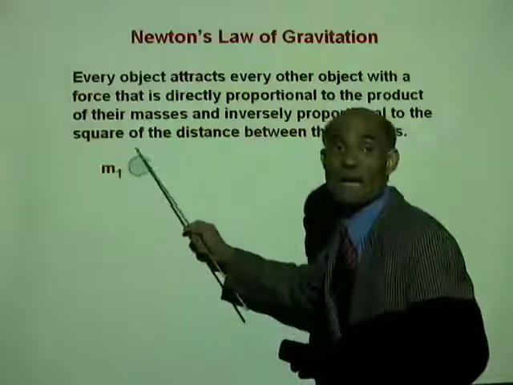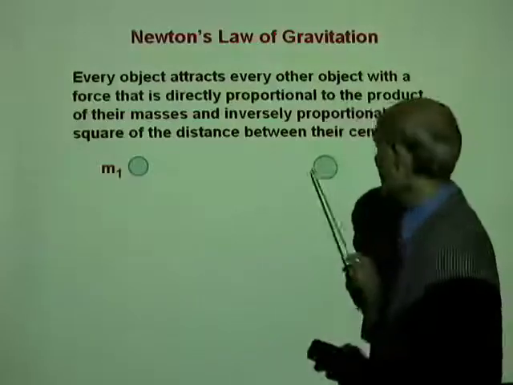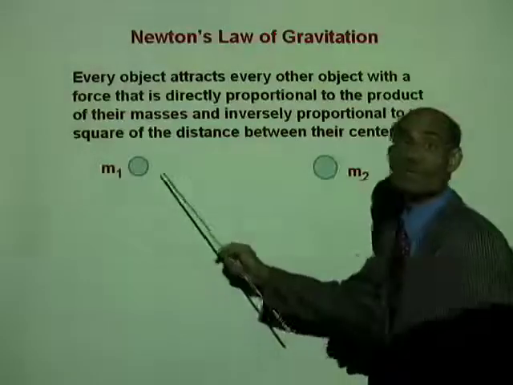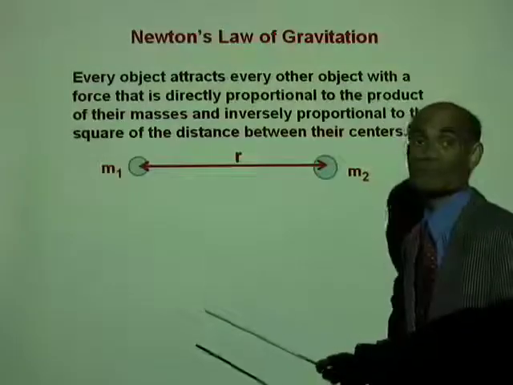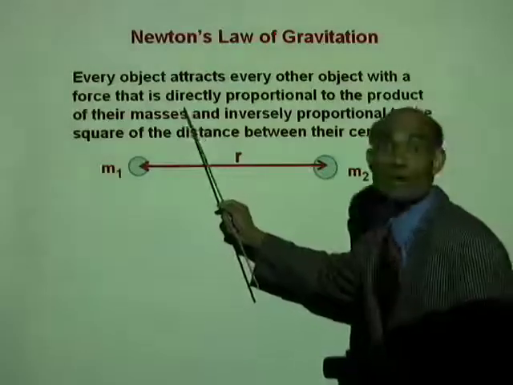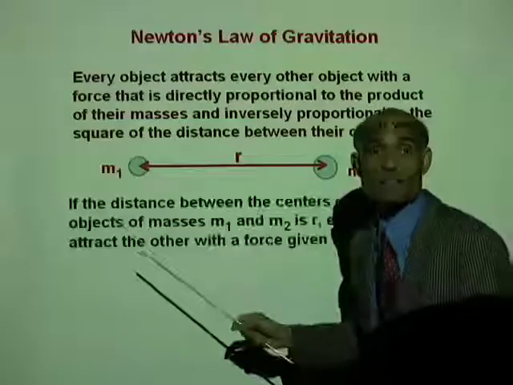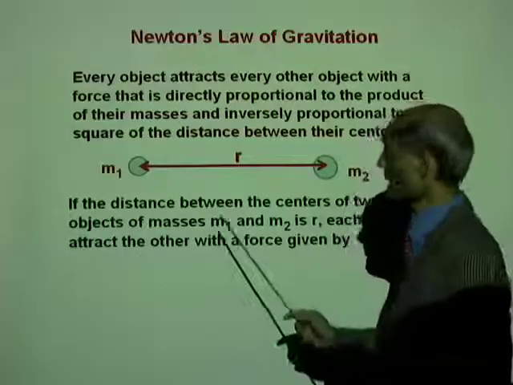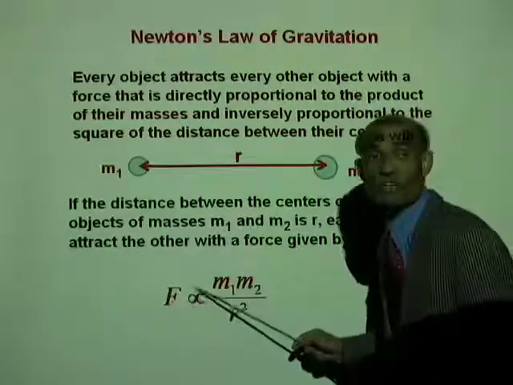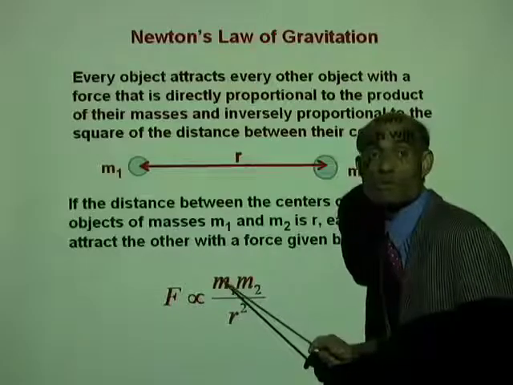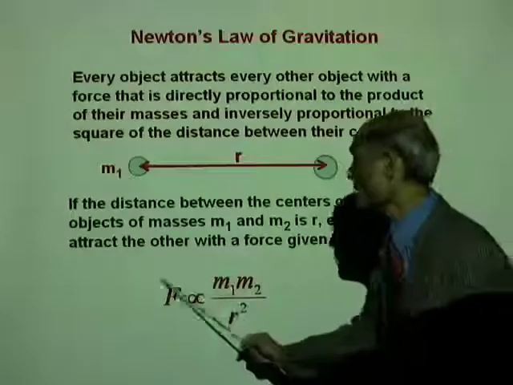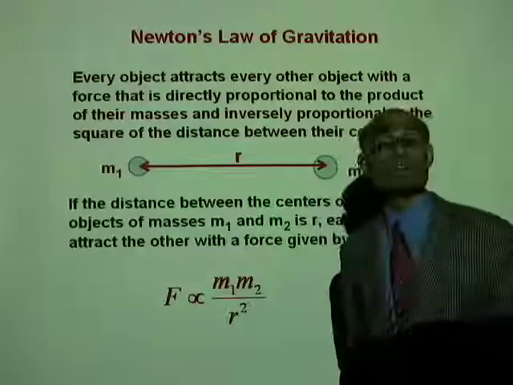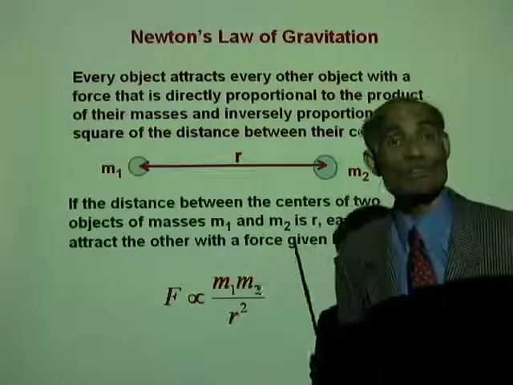Here I have a mass m1, another mass m2, separated by a distance r. Now we can rewrite this law using mathematical notation. It will be F is directly proportional to m1 m2 divided by r squared. This is the statement of Newton's law of gravitation.